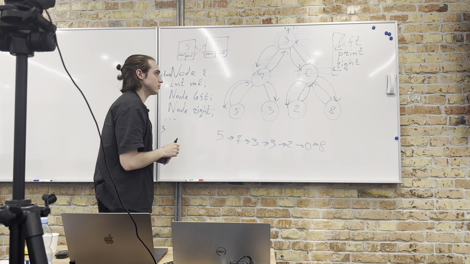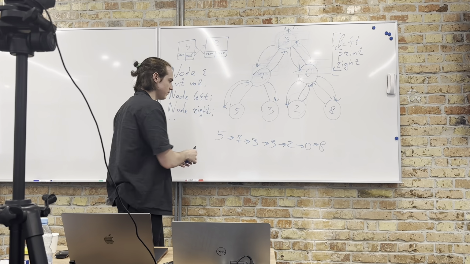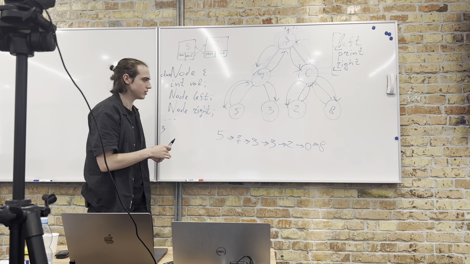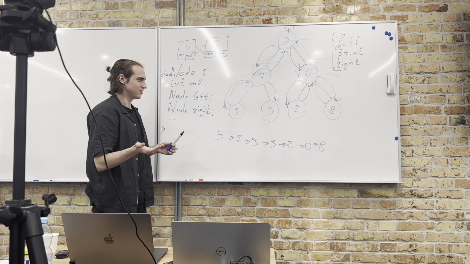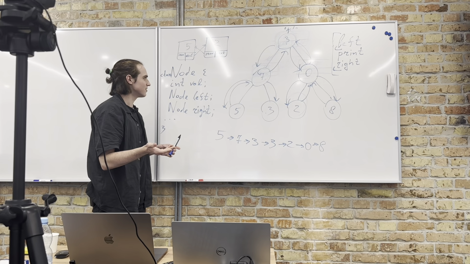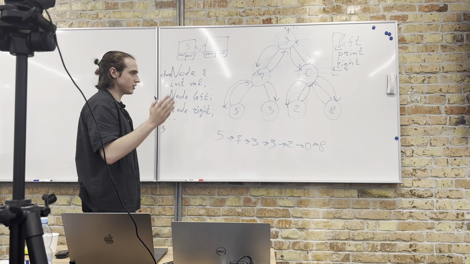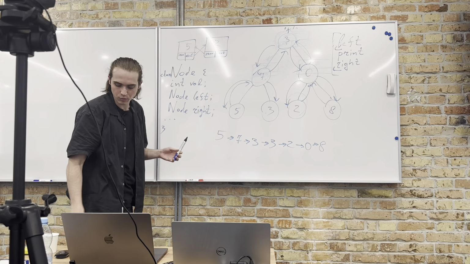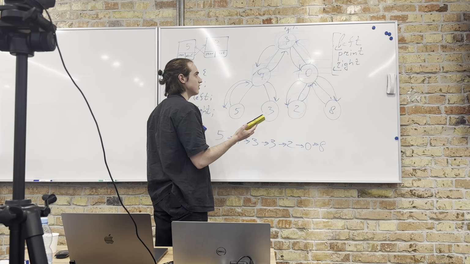You can ask me, why do we need many types of traversal if we will have the same numbers but in different order? Because we can have different situations and different problems that we will try to solve with a tree.